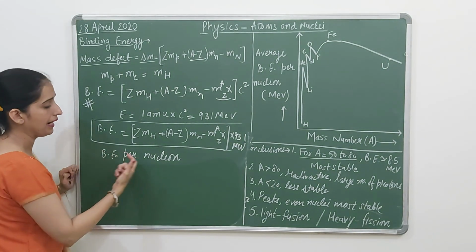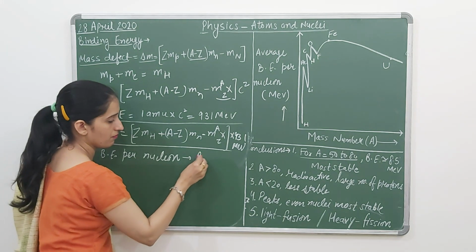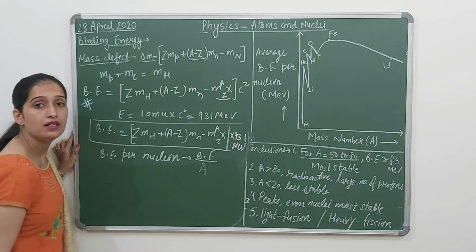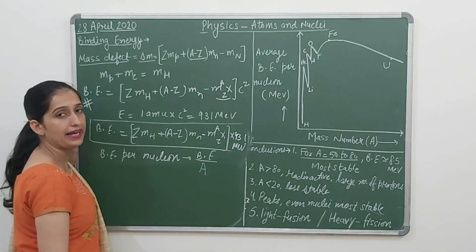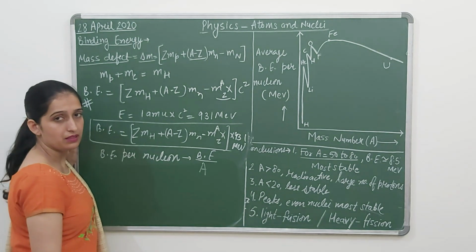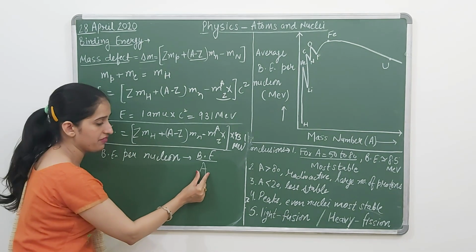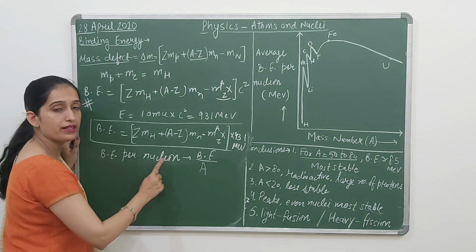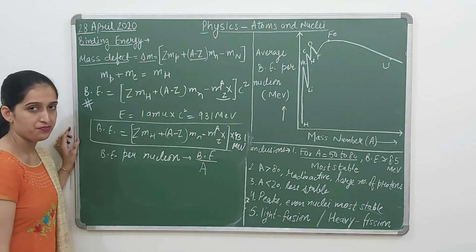This is known as binding energy per nucleon. And its formula will be this. Because how many nucleons are there? This is given by A, the mass number. How many protons and neutrons? The sum is given by A. So binding energy per nucleon is given by binding energy upon A.